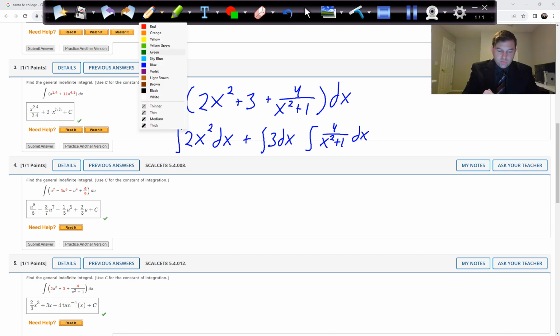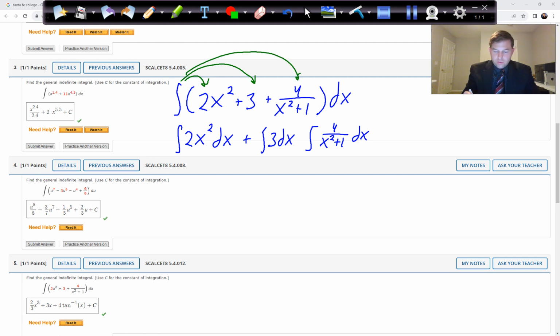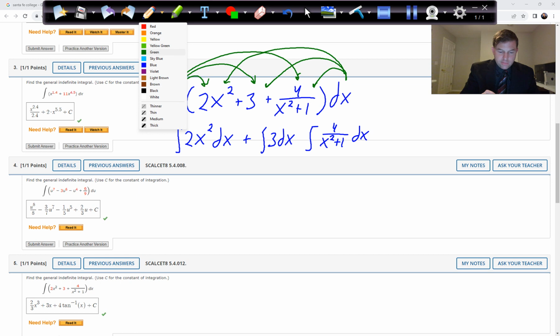So in effect, what I've done is I've distributed this integral symbol to each of the 3 terms along with the dx to each of the 3 terms. Perfectly legal. So I've made 3 terms being added in one integral into 3 terms being added with their own integral. And I'm going to take it a step further.